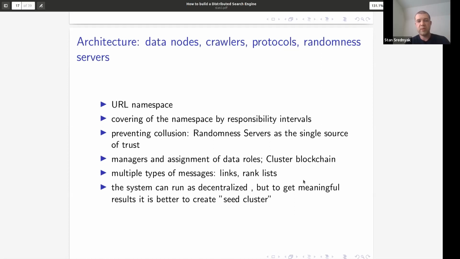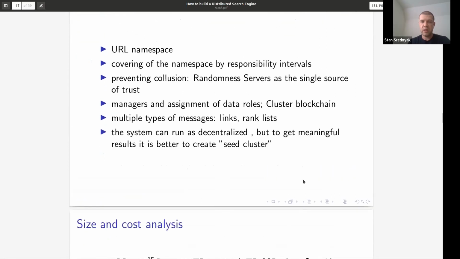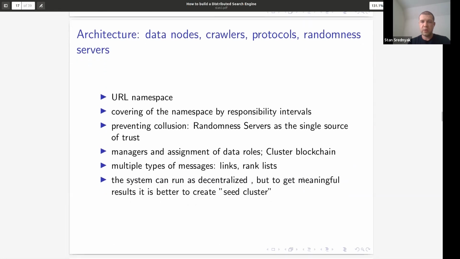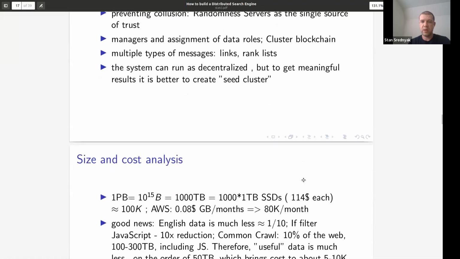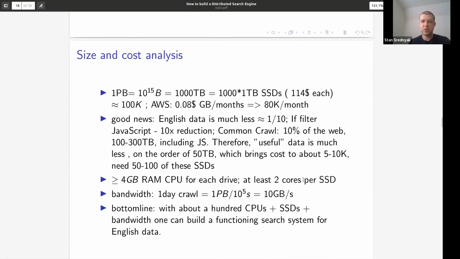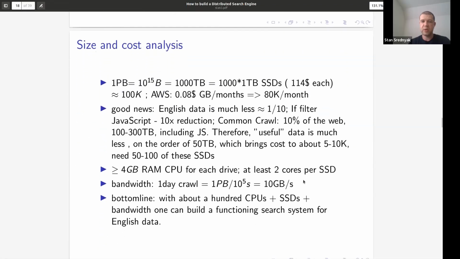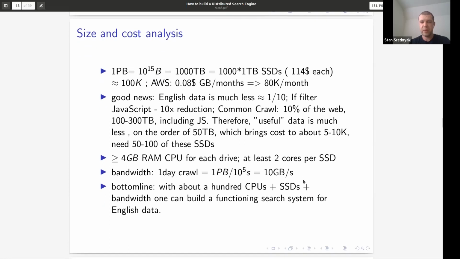So we think about this compute system as being decentralized, but still it is meaningful to create a seed cluster. And that's what I will be talking about next. Here is some cost analysis, but I will probably skip it due to the lack of time.